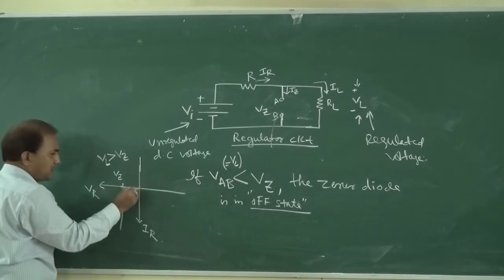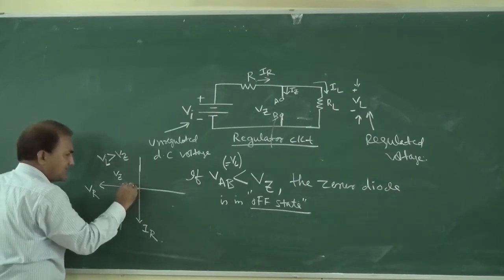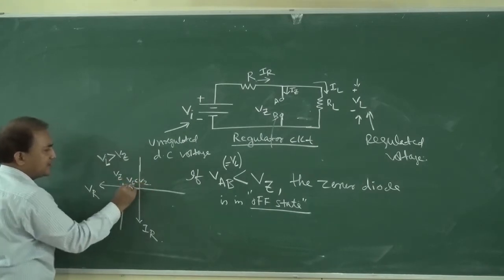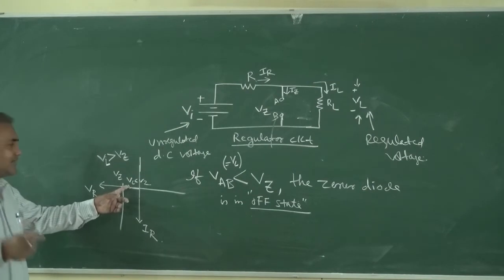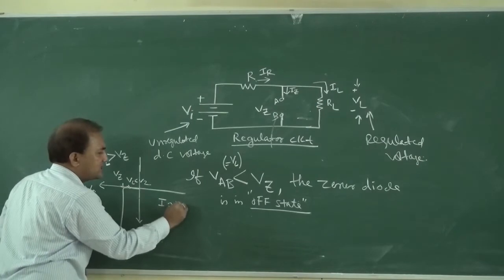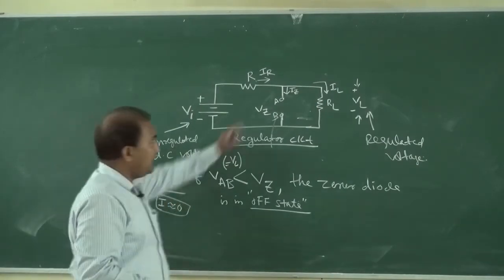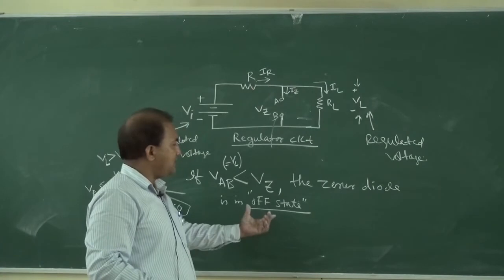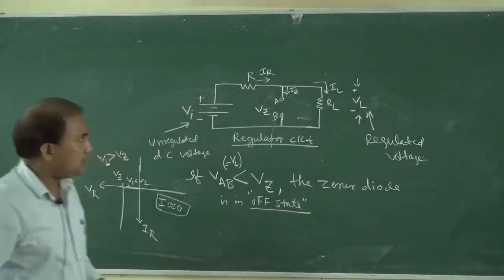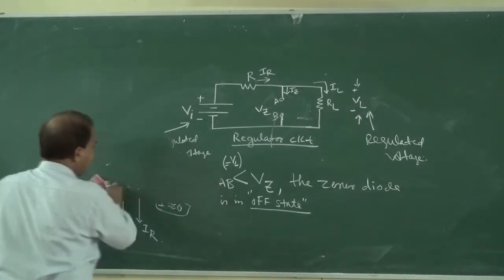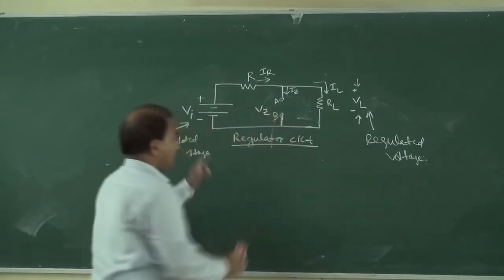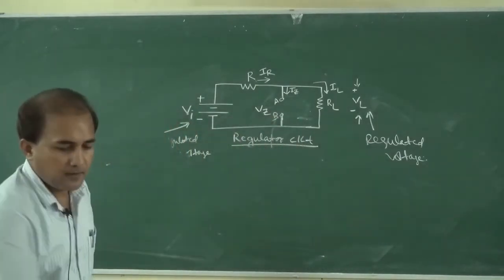Otherwise, when VL is less than Vz, suppose at this point, a very small amount of current is seen, so I is approximately equal to 0. So in that case we can remove this gap. So this is in off state when VAB is less than Vz. Okay, so in this way we can calculate this VAB.